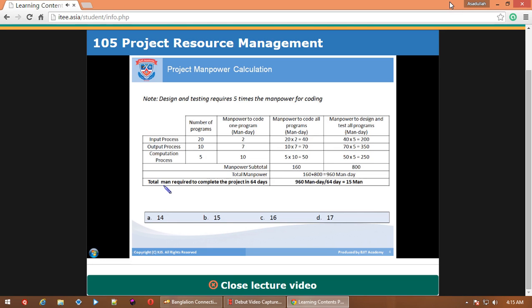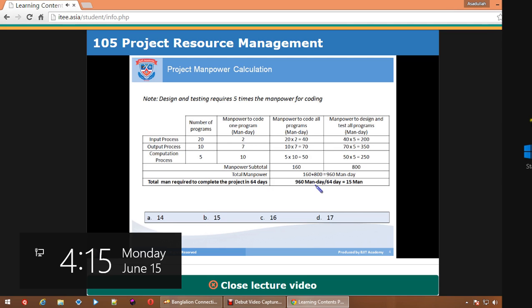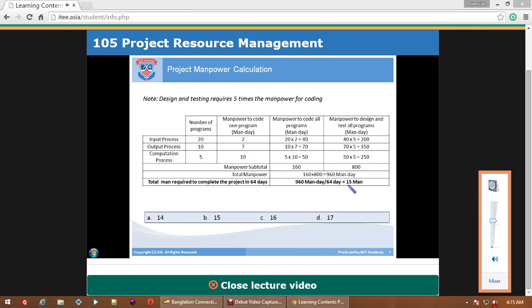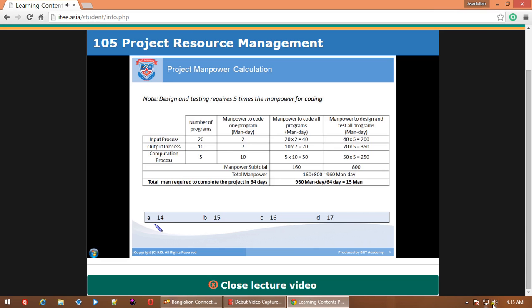And our question was how much manpower is needed to complete the project in 64 days. That is 960 man days divided by 64 days equal to, if you just divide, the result becomes 15 man. Let's look at our answer choices.